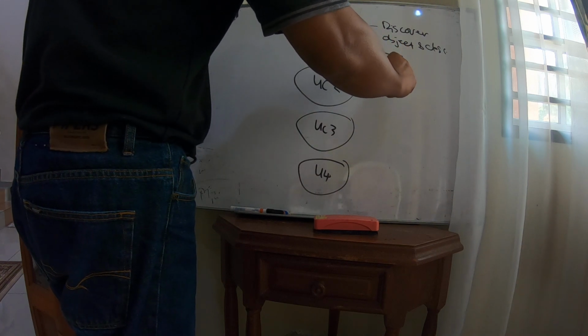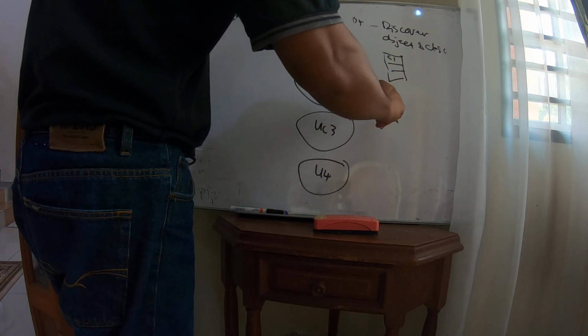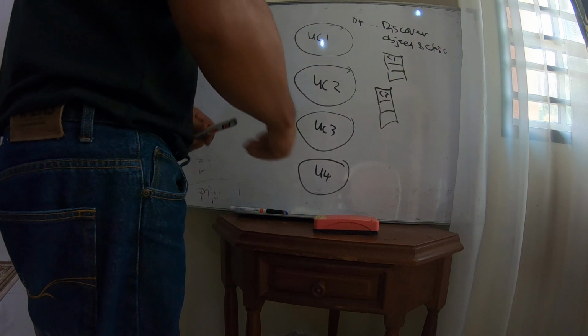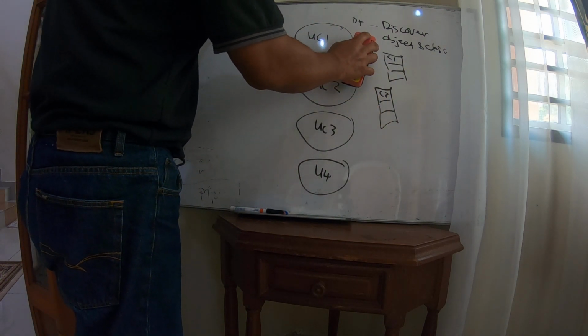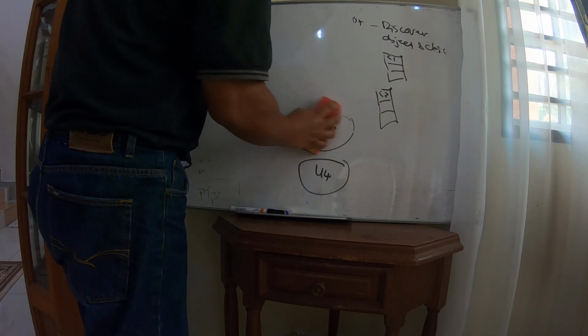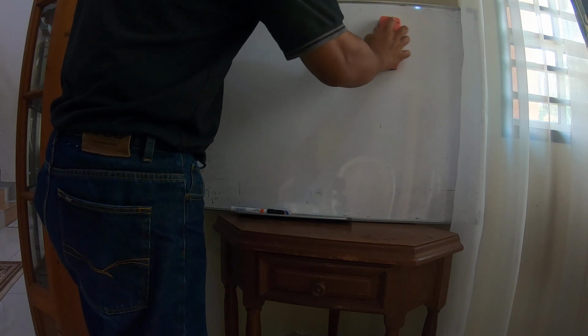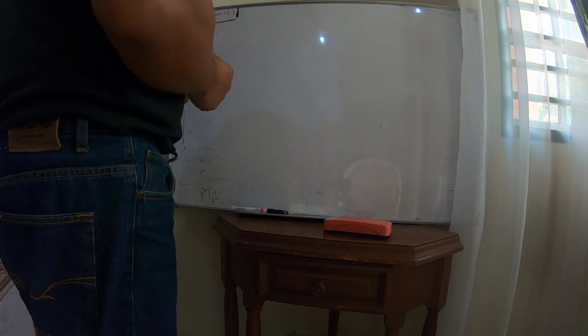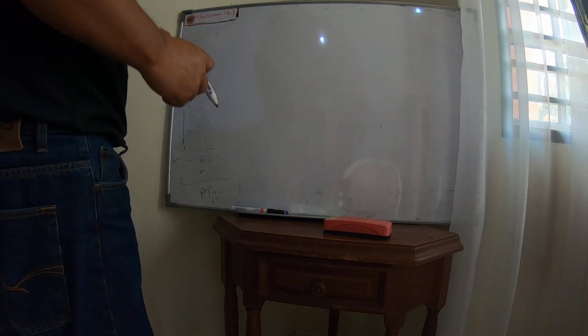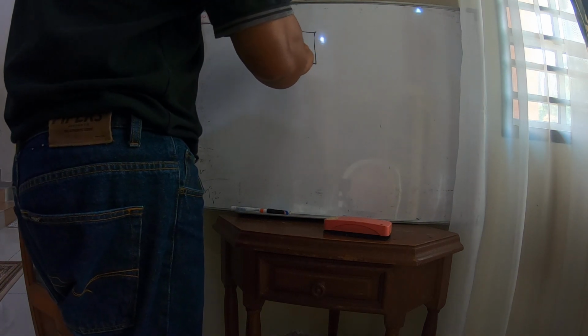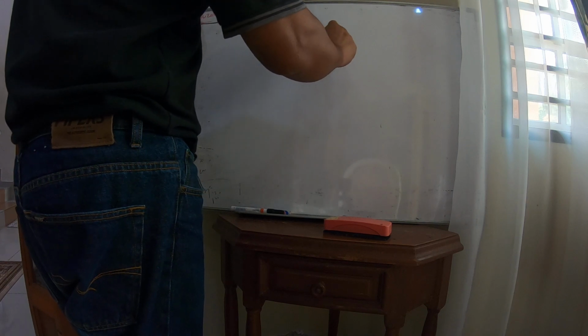Let's say class 1, then class 2, and so on. After you complete your use case diagram, which is called use case modeling, you finally come out with your class diagram, right?